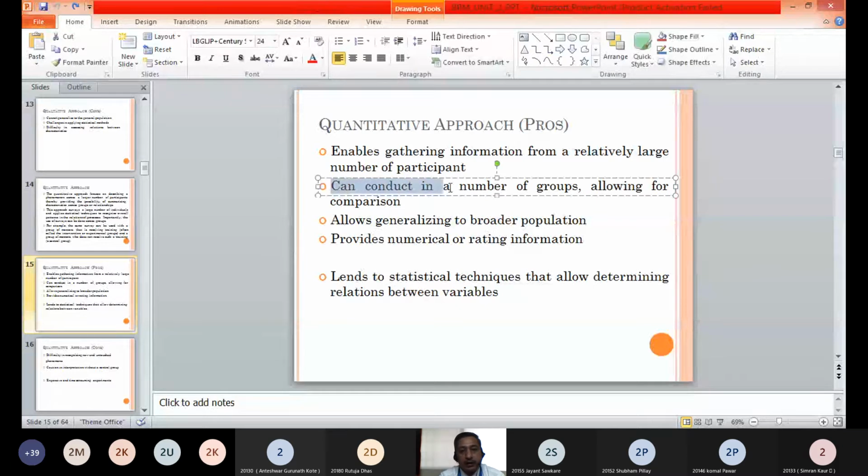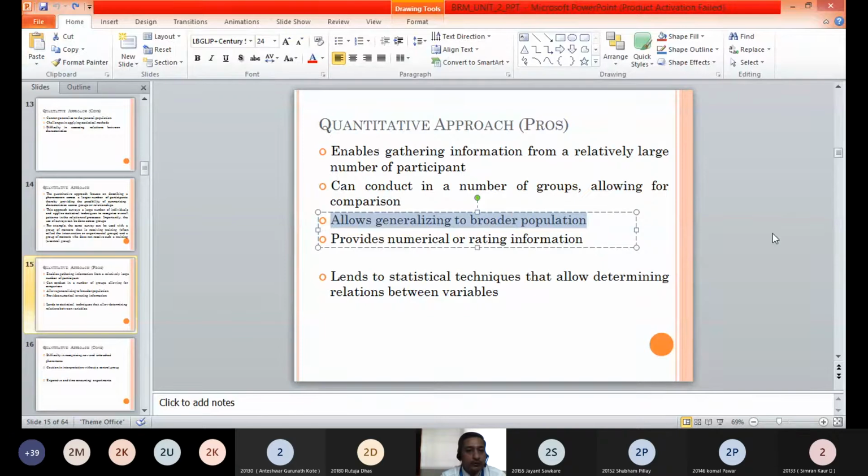It can be conducted in a number of groups, allowing comparison. So if we are able to take information from a group of people, it allows us to compare the results or feedback in different groups, and it allows generalization to a broad population. This is a main advantage of the quantitative approach compared to the qualitative approach.